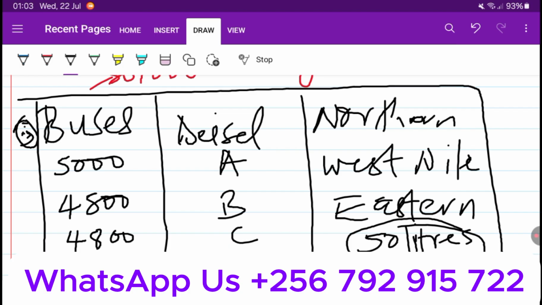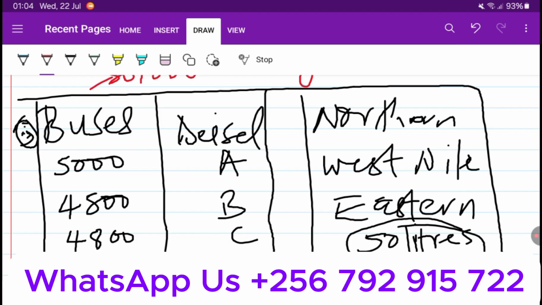Meaning the average that we shall get from this will be a realistic average. But now, given the fact that these buses are taking different routes, it means they are going to consume different liters of diesel.